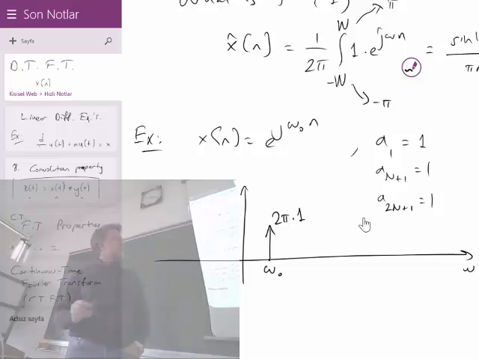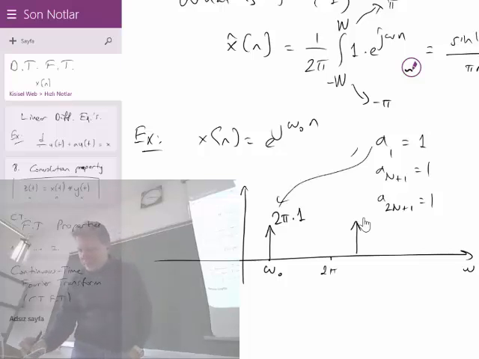Luckily, the position of a_{N+1}, the harmonic frequency location, looks complicated. What frequency is that? It is omega 0 plus 2 pi. Simple. 2 pi plus omega 0. Suppose this is 2 pi. Therefore, at 2 pi plus omega 0, we have the same impulse.